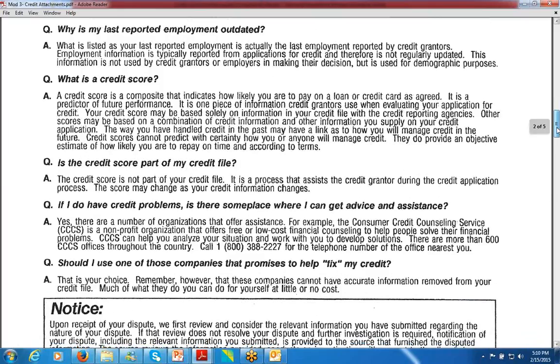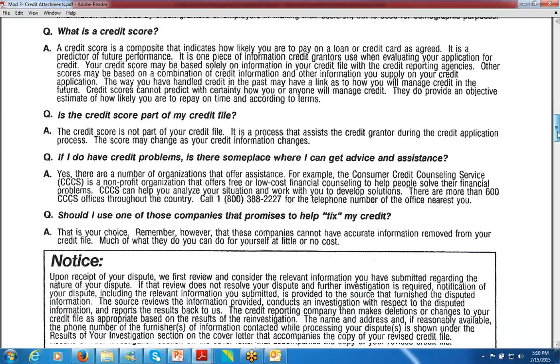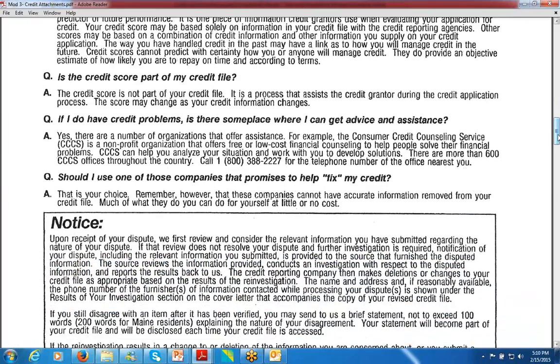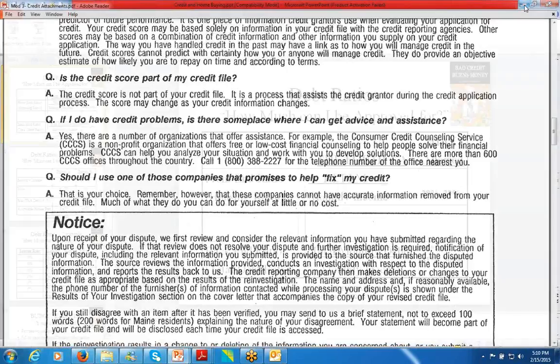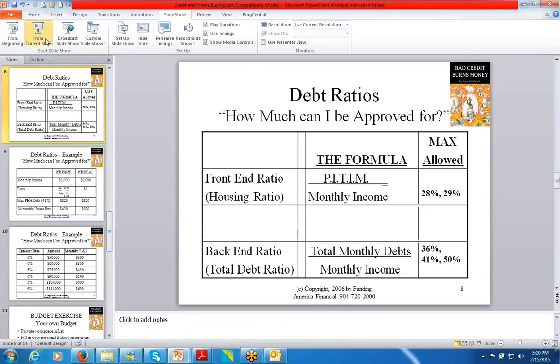Your employment, your credit score, all of those things go together to determine what your risk is. And again, all of this sounds semi-complicated, but it's really simple. Do you look like you're going to pay me back, or do you not? If you don't look like you're going to pay me back, just like if it was your money, it won't be loaned to you.